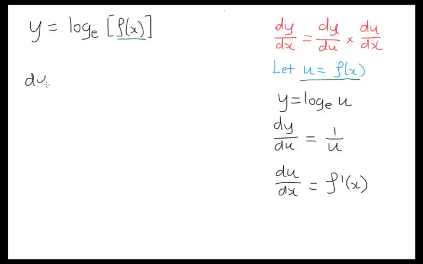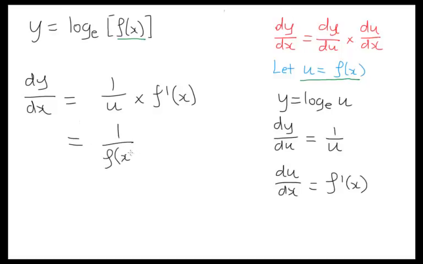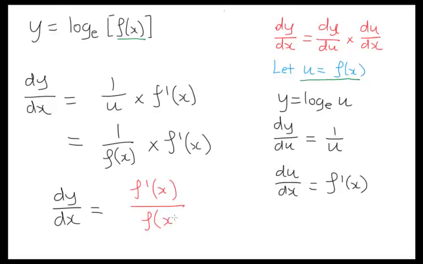So now we can simplify this once again to saying, well, then dy over dx will be 1 over u times f dash x. And this is the same as 1 over f of x times f dash x, so we're taking the u and substituting f of x back into it. And then we end up with this expression here, that dy over dx is equal to f dash of x over f of x.